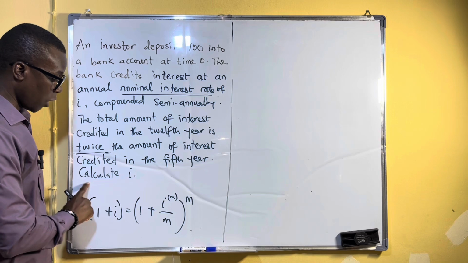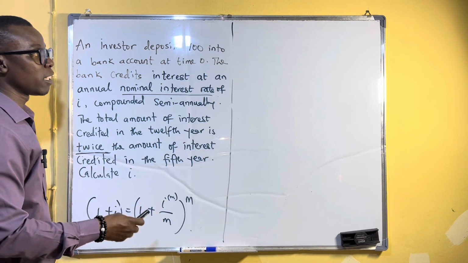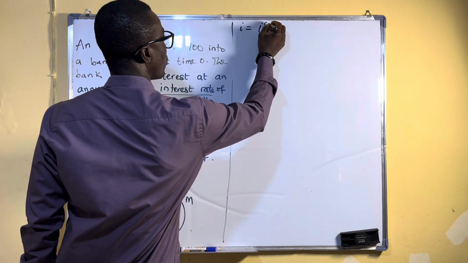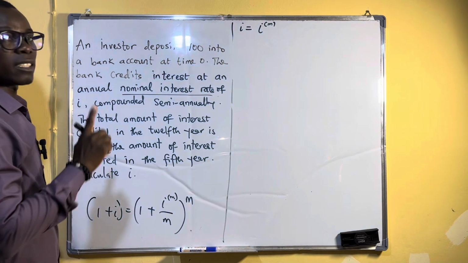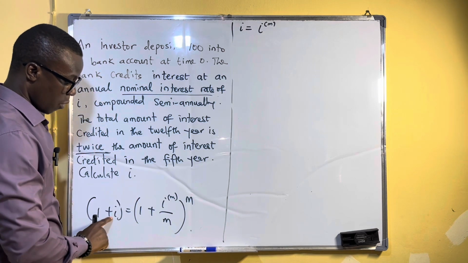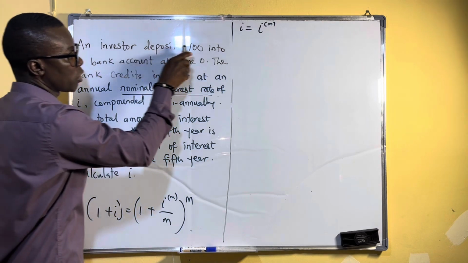But I don't need to forget that I am actually looking for the annual nominal interest rate. So I'm going to say my I is going to be the nominal interest rate, while I'm going to use I for the annual effective rate. That's okay. Now we say an investor deposits 100.